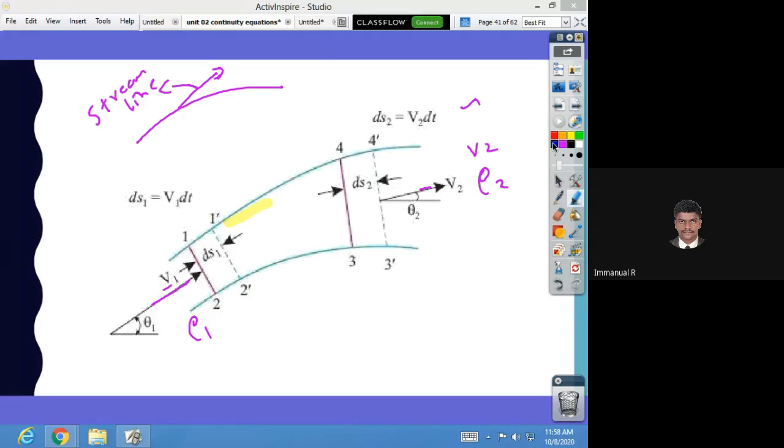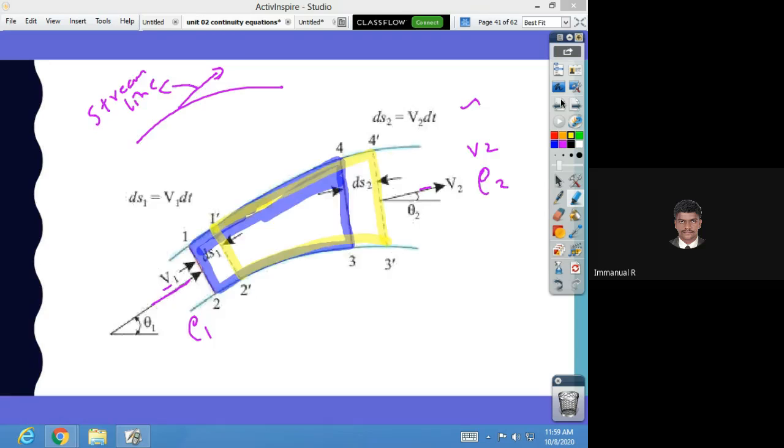The fluid in region 1, 2, 3, 4 moves from this position to 1 dash, which I will mark in yellow color, then 2 dash, 3 dash, and 4 dash. There is a shift, which occurs due to the application of some external forces.